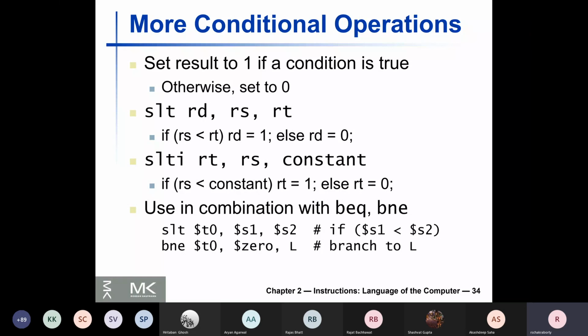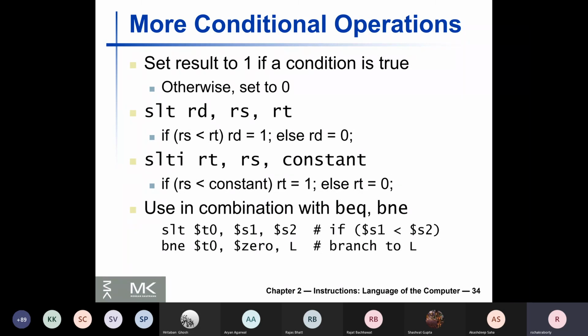Now they can be used in combination with BEQ and BNE. Say for example, you want to execute the code: if $S1 smaller than $S2, go to L. Directly, you do not have any way to combine this goto and comparison together. There is no single instruction in MIPS that will let you do it. However, you can write 2 instructions.